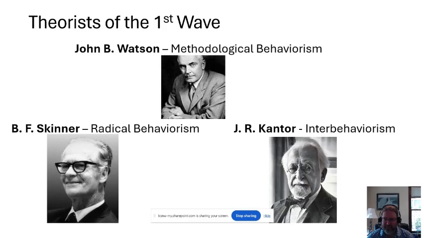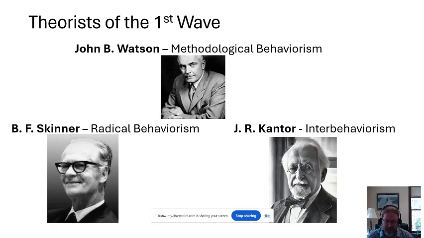And so there's a couple of key figures that we associate with the first wave of behavioral therapy. The first is John B. Watson. We saw this before, known for methodological behaviorism, right? In methodological behaviorism, we are really treating overt behavior as the main thing that is allowed to be a focus.